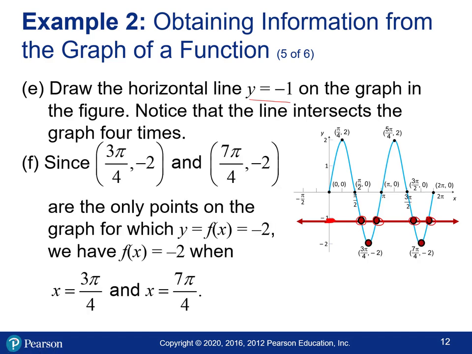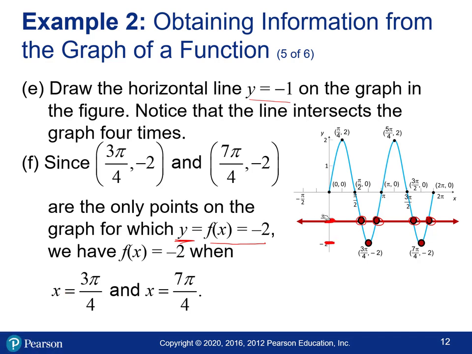Okay, so now part F asked about what is x when f of x is -2. So f of x is y. Remember, f of x represents your output or your y value every time. So you say f of x is the same thing as y, and that's -2. So I go down to -2, and then I want to know about those points and the corresponding x values.